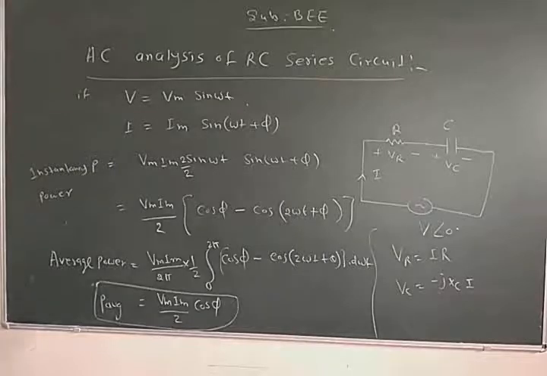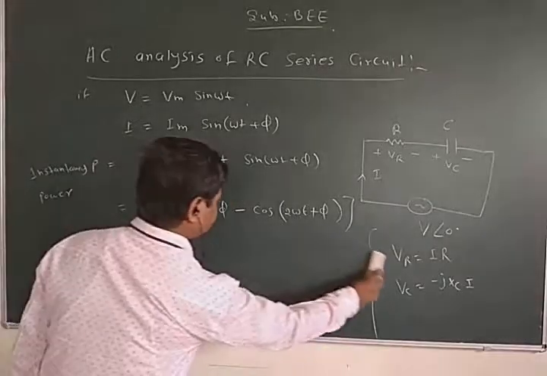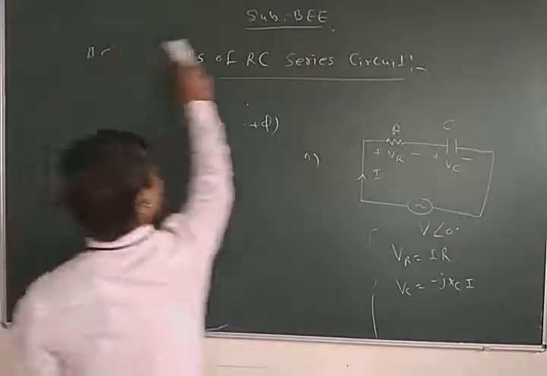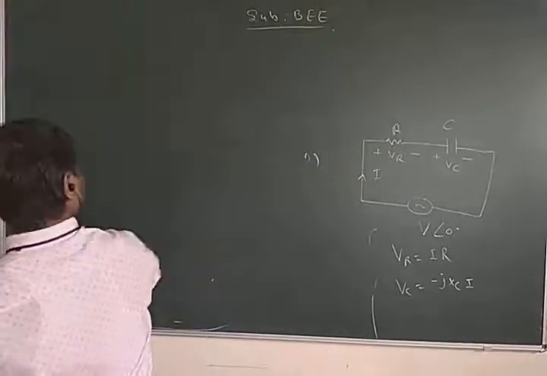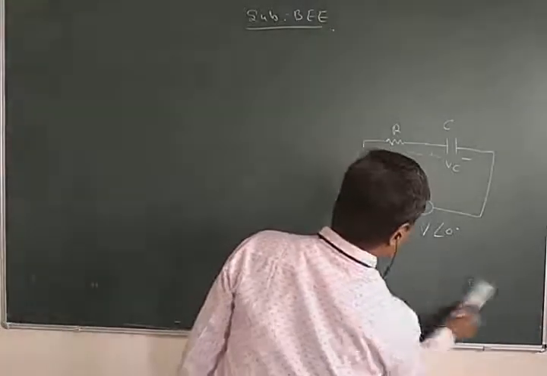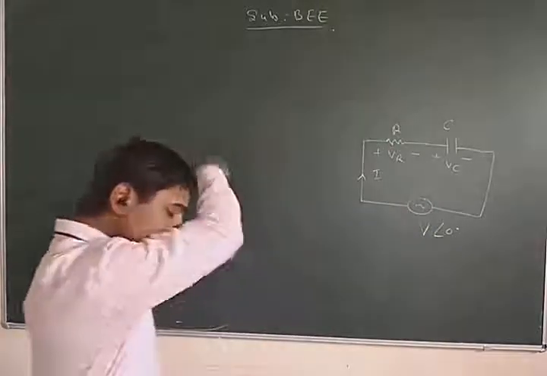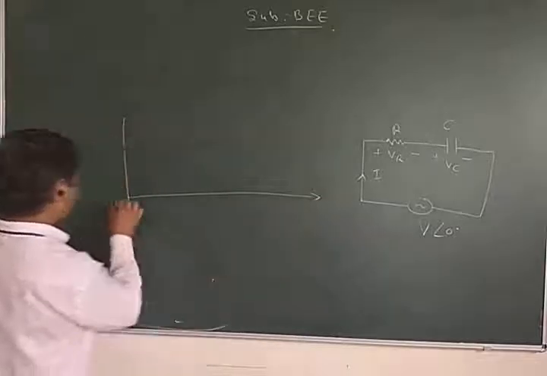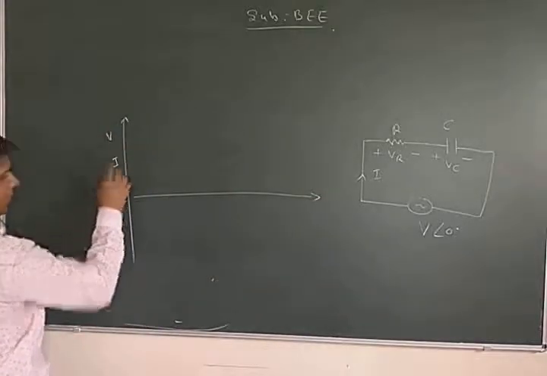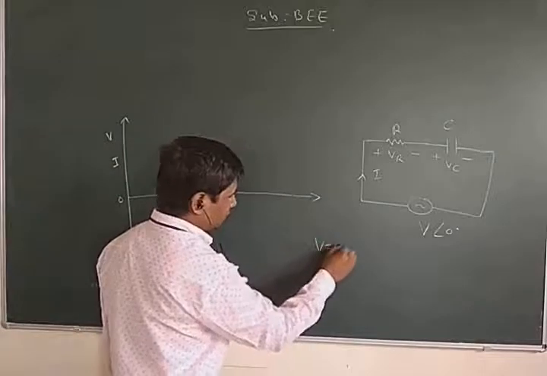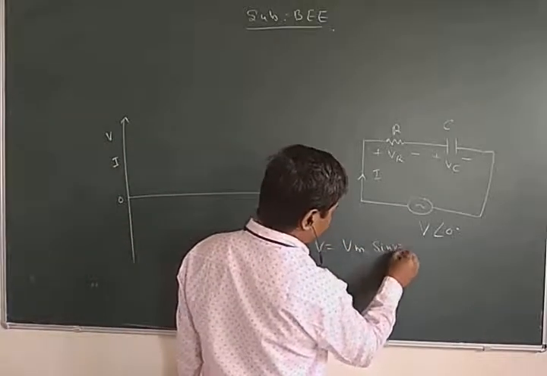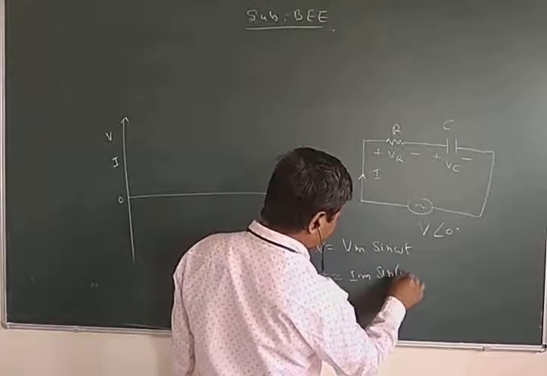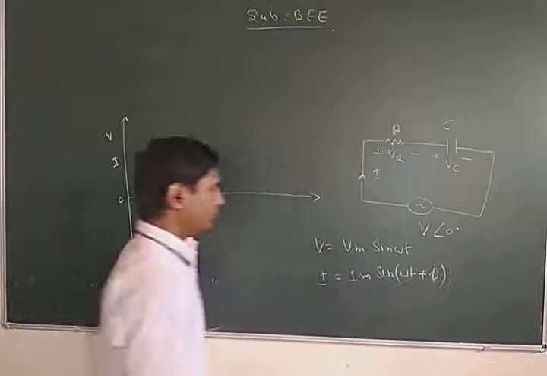Now the waveform for RC circuit. This is for V and I. We know that V is equal to Vm sin omega t and I is equal to Im sin (omega t plus phi).